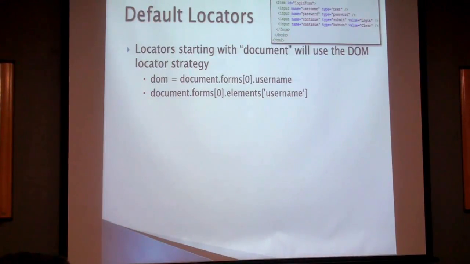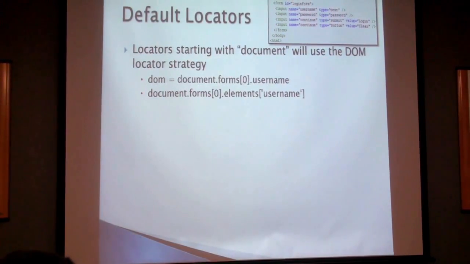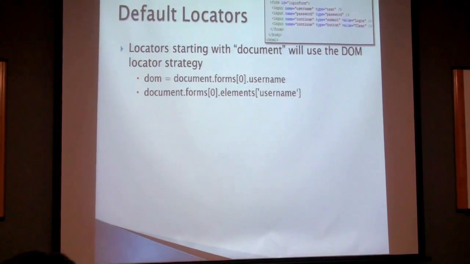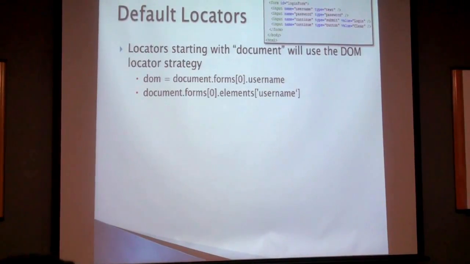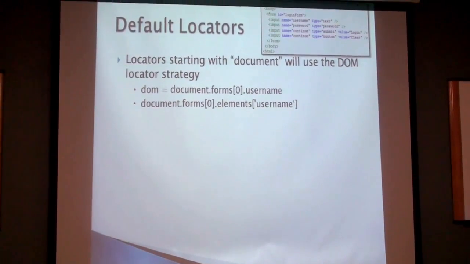The first shortcut is for DOM, and we're going to be using the HTML on the top as our sample. I know it's kind of hard to see, but we'll work with it the best we can.